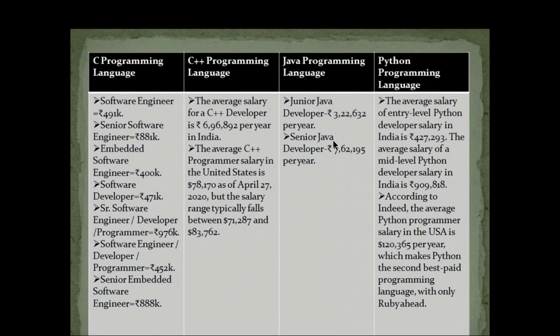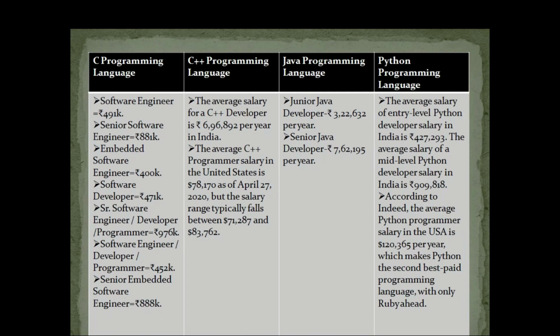You should choose based on interest, in which programming language you have interest. I recommend you start with C and C++, and after building the basics you can choose either Java or Python according to your interest.